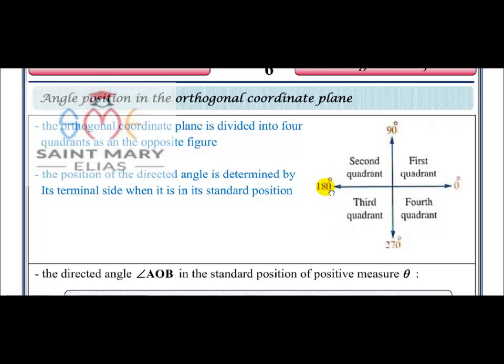This is 180 and this is 270. This part we name the first quadrant, this is the second quadrant, this is the third quadrant, this is the fourth quadrant. The orthogonal coordinate plane is divided into 4 quadrants.